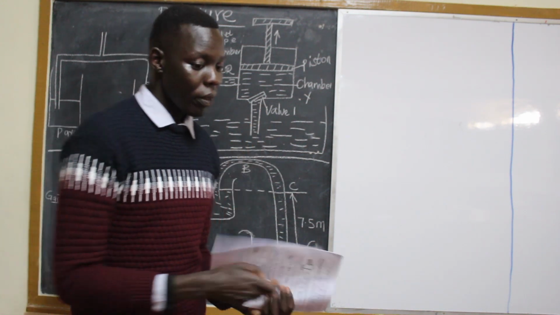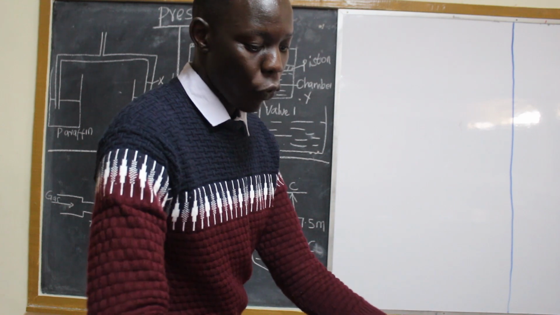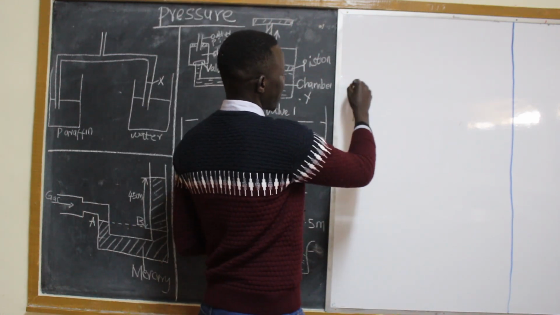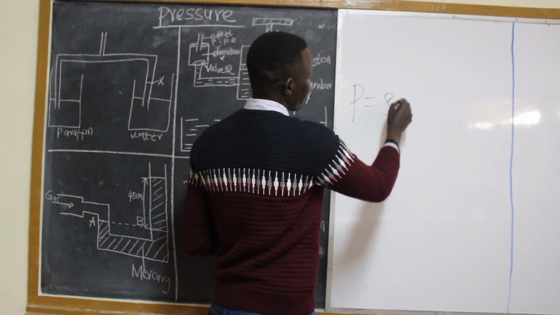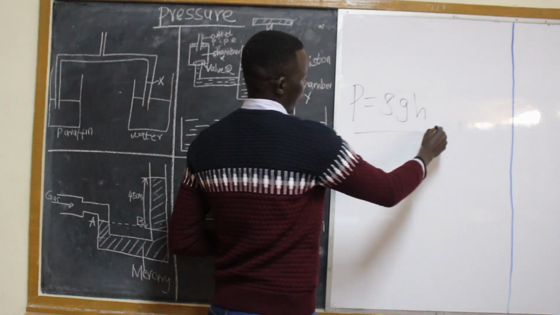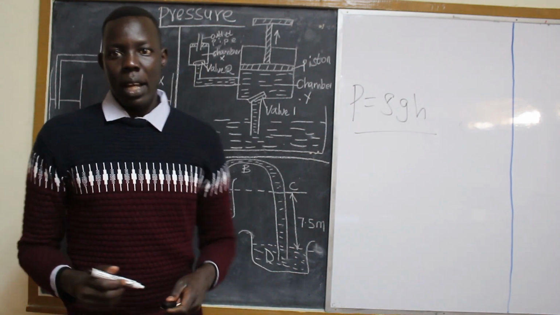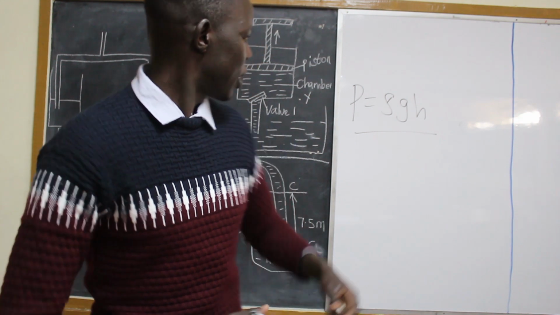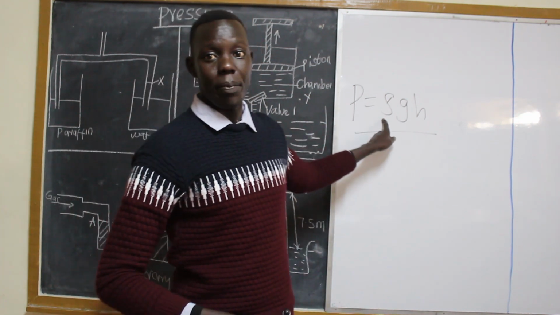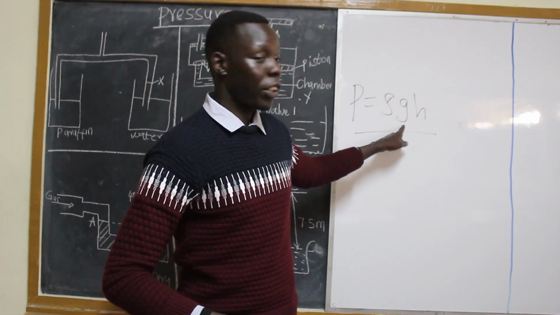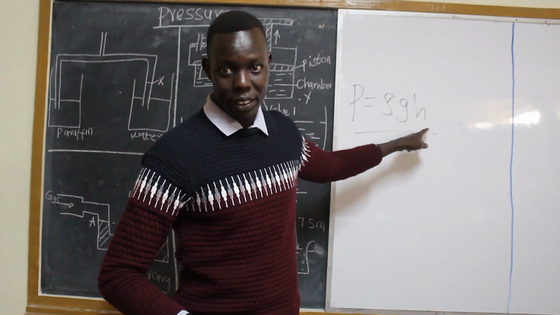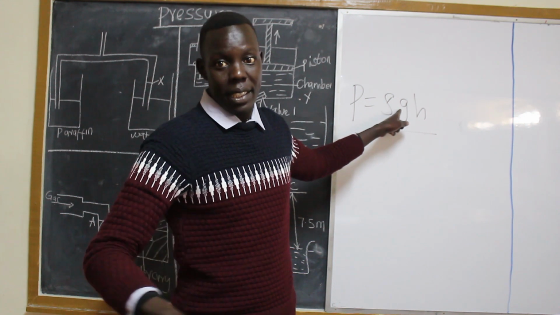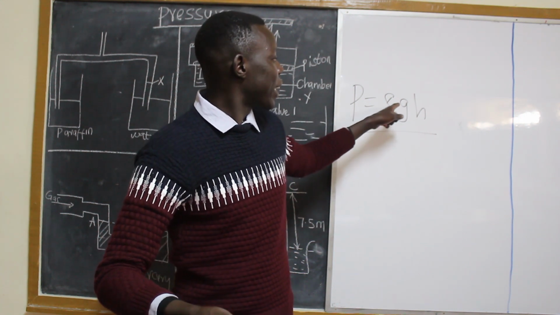Pressure in liquid is given by rho g h, where rho is the density, g the gravitational field strength, and h the height or the depth. The gravity will be the same because it's in the same locality, but the density will vary.